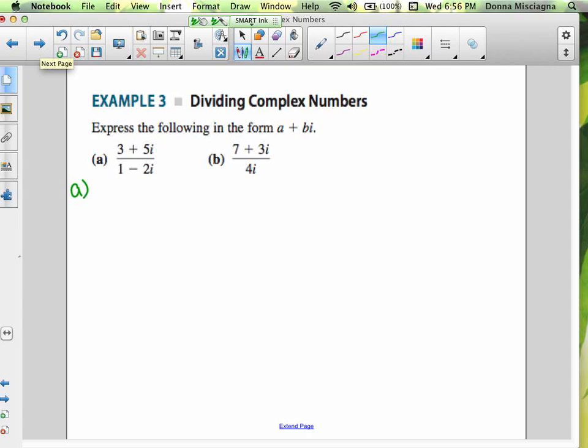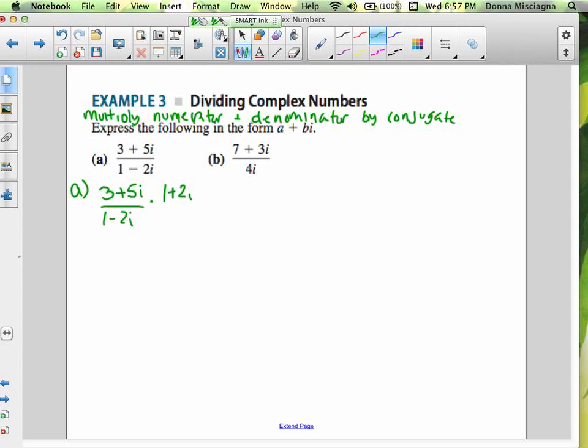When it tells us to divide complex numbers, we know we're going to multiply numerator and denominator by the conjugate. So we have 3 plus 5i over 1 minus 2i times the conjugate of 1 minus 2i, which would be 1 plus 2i.